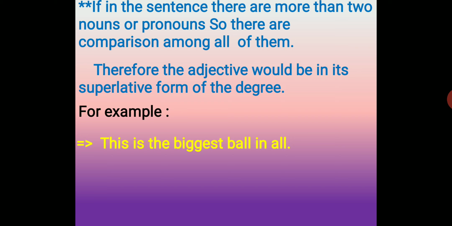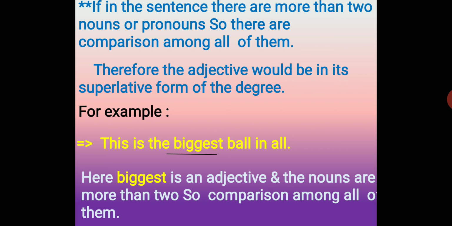First of all, we will identify the adjective from the sentence. What is the adjective in the sentence? How is the ball? Biggest. So biggest is the adjective, and it is the superlative form of the degree. Here biggest is an adjective and the nouns are more than 2, so there is a comparison among all of them.